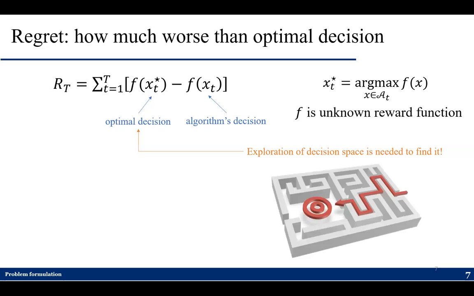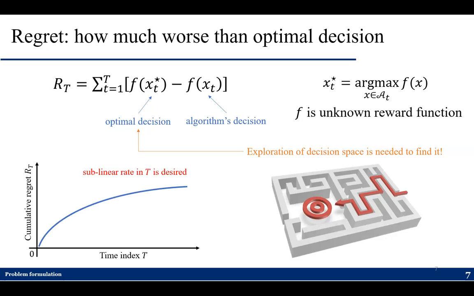So what this objective suggests is, in order to minimize the regret, we want to finally pin down what the optimal decision actually is, such that this value will be 0. So that suggests we need to sufficiently explore the whole decision space in order to find x_t star. And for most interactive decision-making problems, regret that is sublinear in T, the whole length of the time horizon, is desired.